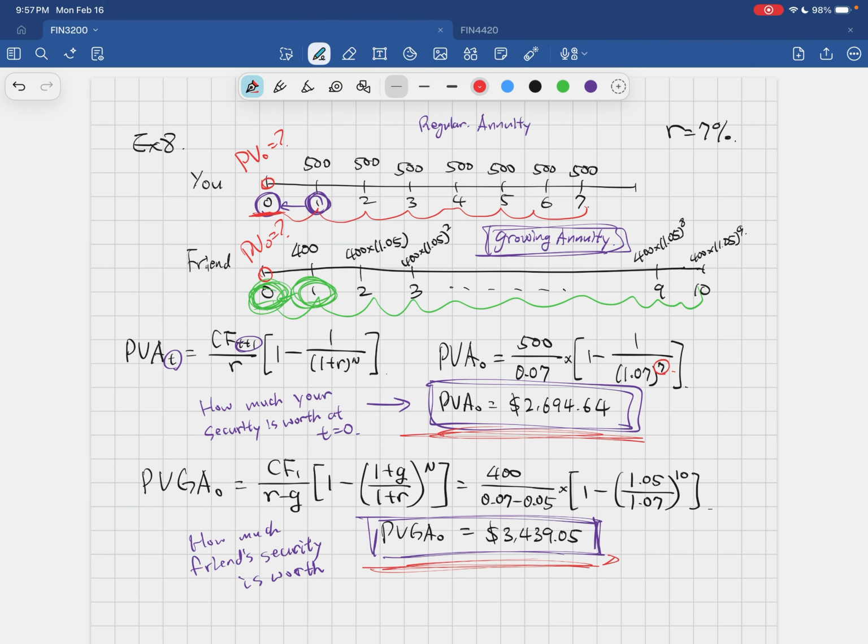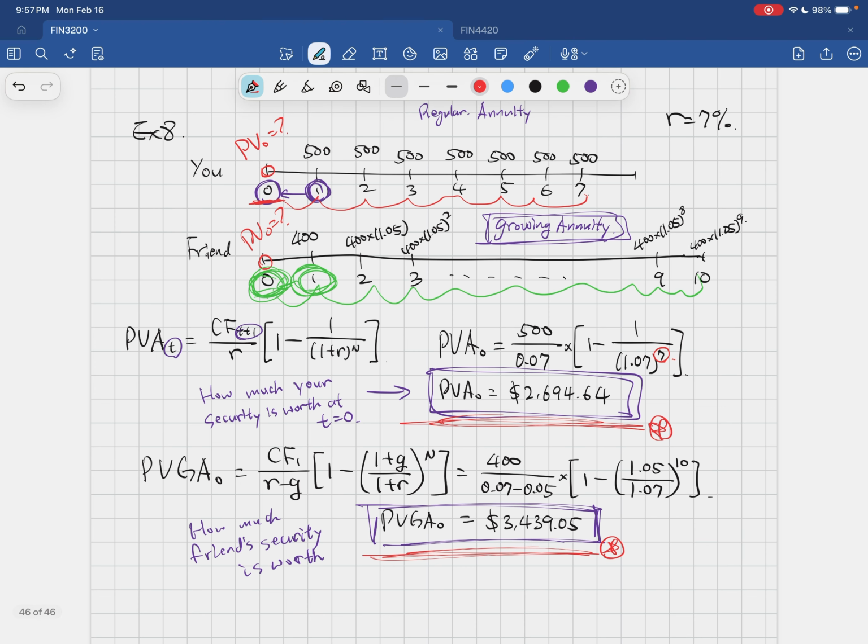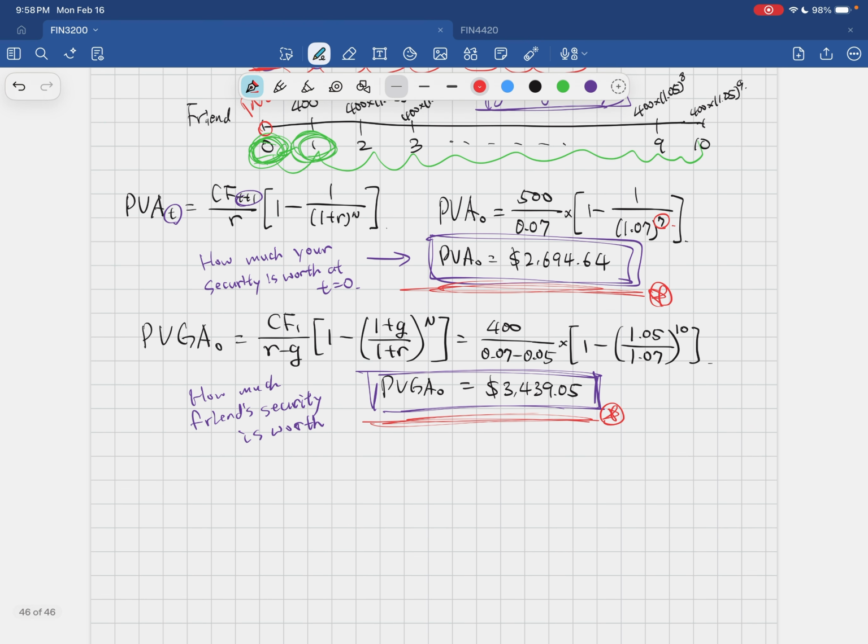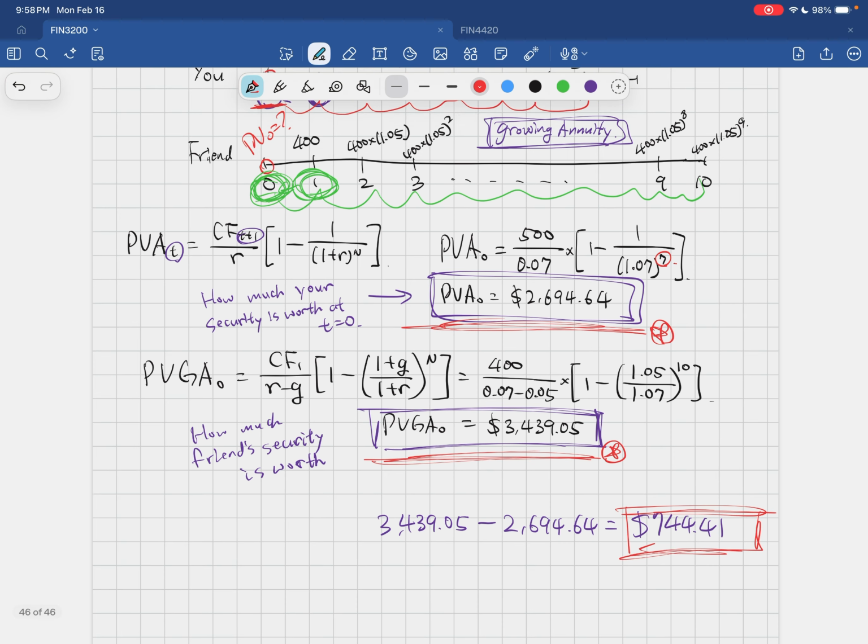Your friend's is worth more, so you're willing to pay some amount to exchange the securities, but how much is the maximum is, we just do 3439.05 minus 2694.64, and the maximum you're willing to pay to exchange the securities is $744.41 based on these numbers.